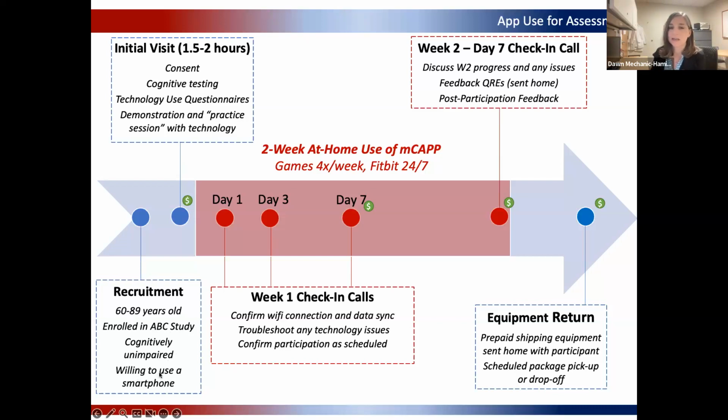They do not have to have any experience with one, but just willing to try. And we have some people who don't use smartphones, but most of them do in our cohort. We've only had one person of our cohort say no because of the technology. Others will say no because I'm traveling or other reasons, but only one that has said no specifically because of the technology.